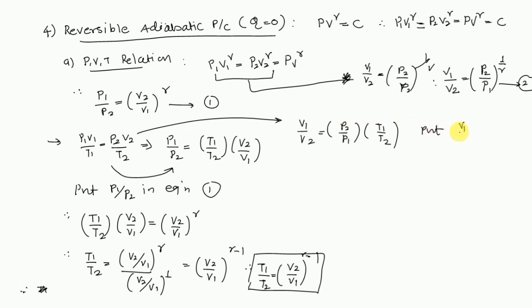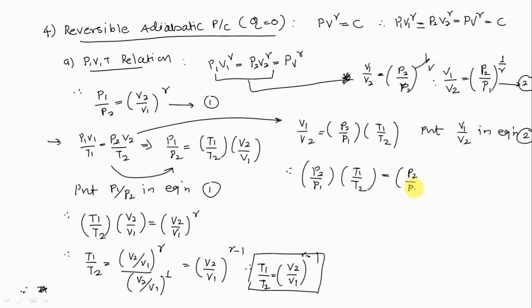Put V1 by V2 in equation number 2. So you get P2 by P1 into T1 by T2 is equal to (P2 by P1) raised to 1 upon gamma.